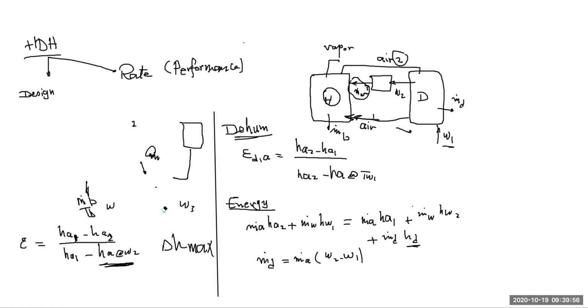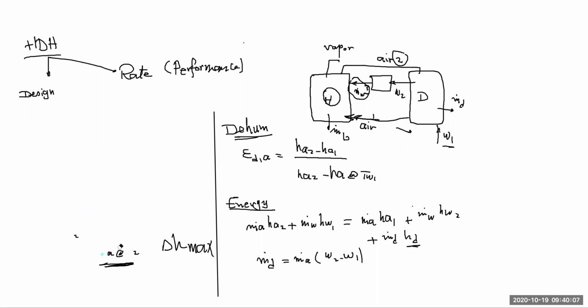And that normally becomes, in some cases, the trick of the problem, which is that the kind of heating that happens in an air heater is sensible heating. The example that we have solved in class was of that kind.